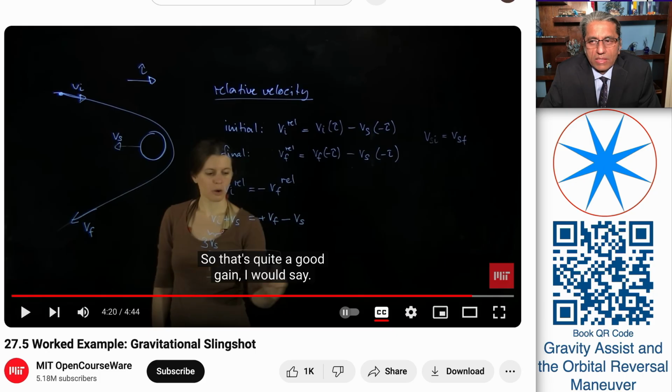The Saturn y component is 0 if we use our diagrams which we had before. So you can add the x component of the spacecraft's velocity to the x component of Saturn's velocity, but you cannot just ignore the y component of the spacecraft's velocity.